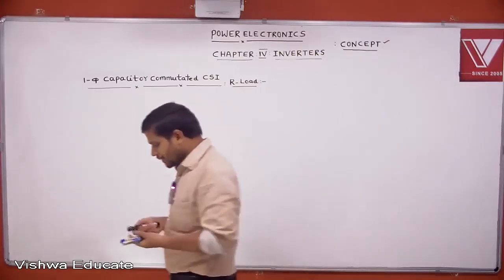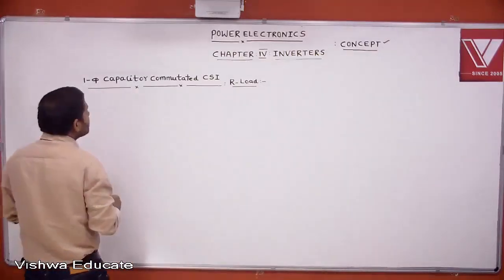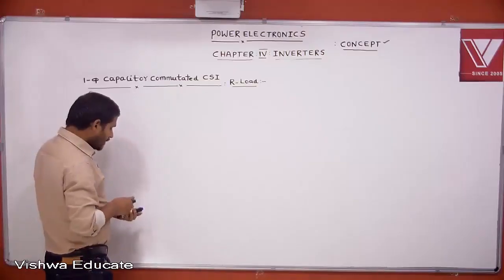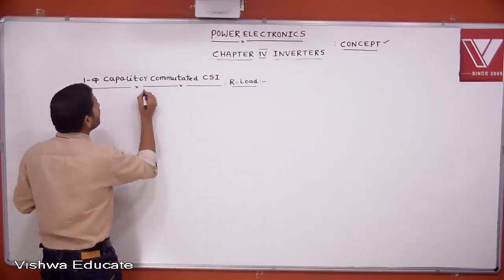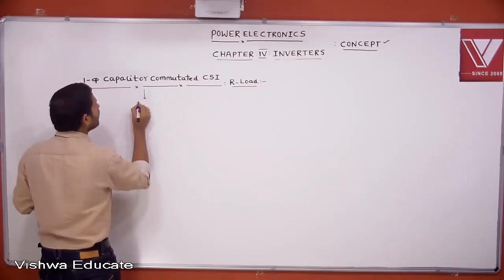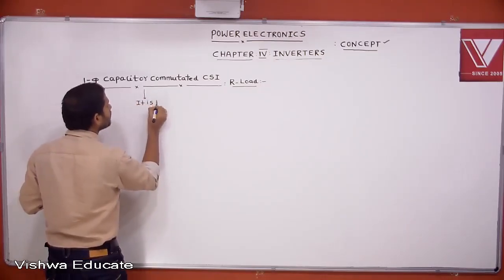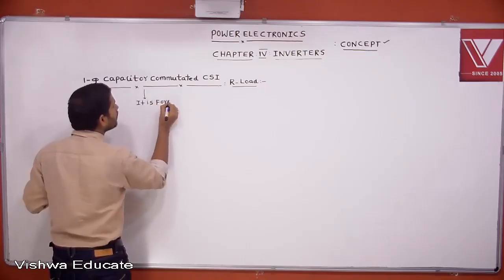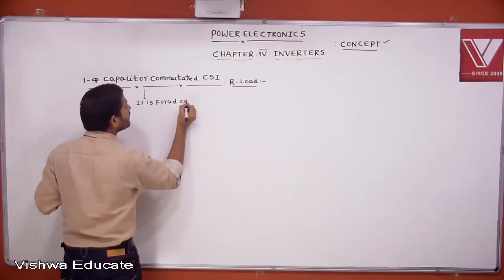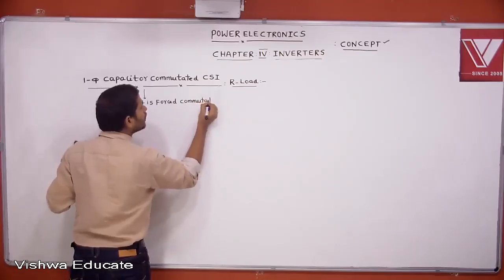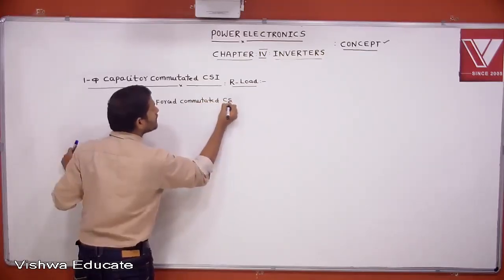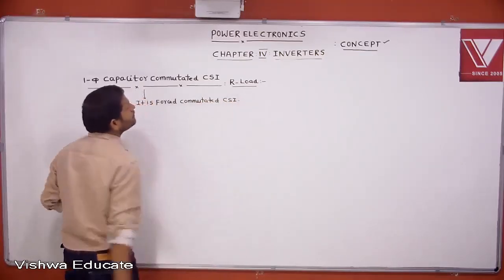That means a capacitor commutated current source inverter is one of the forced commutated CSIs, current source inverters.